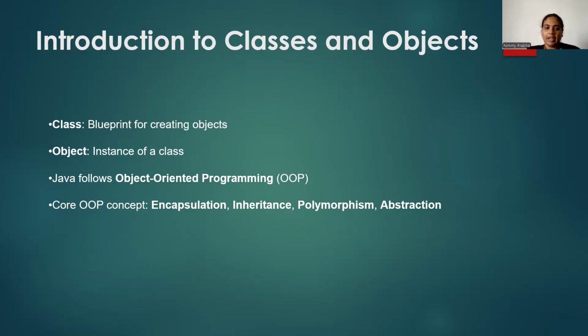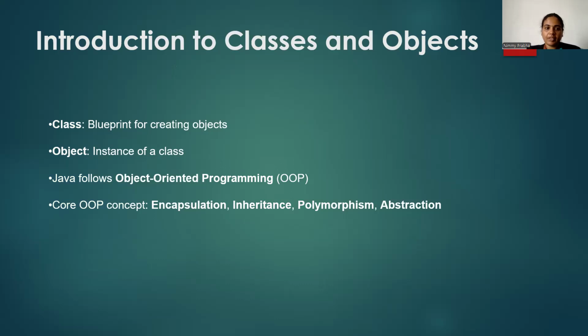Encapsulation means wrapping up of data. Inheritance means inheriting some properties from the parent class to the child class. Polymorphism means the same class performs different actions. And abstraction is hiding of data. These are the concepts of classes.